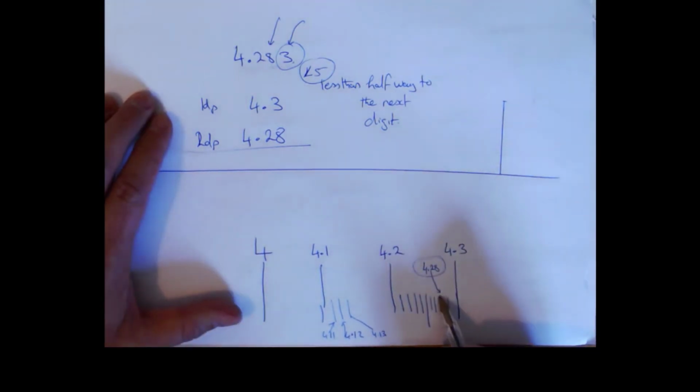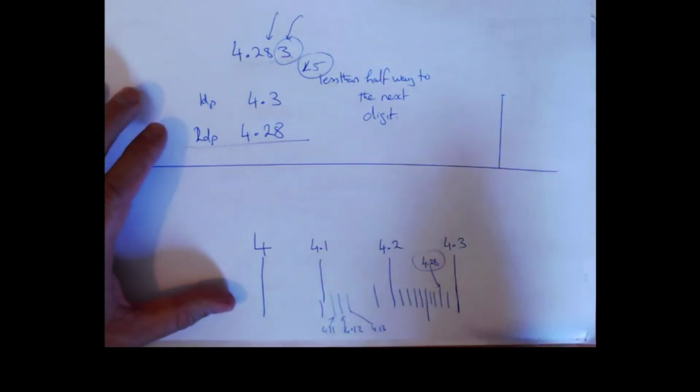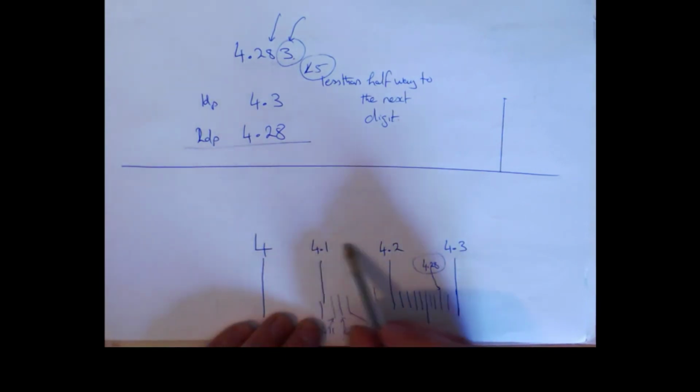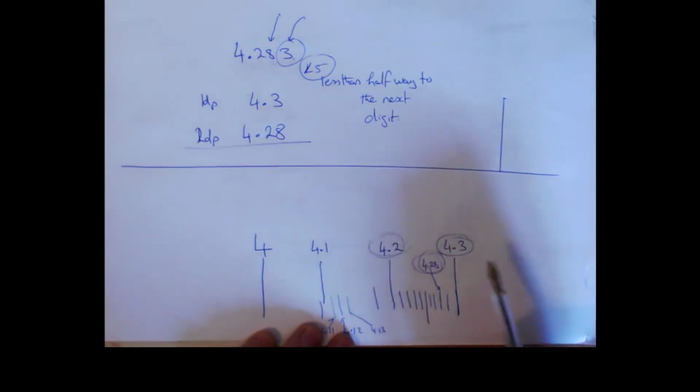So 4.28 would of course actually have been here. So my apologies and my mistake. I was saying it was here. It is of course after 4.2 because it's bigger than 4.2. So 4.28 is between 4.2 and 4.3.